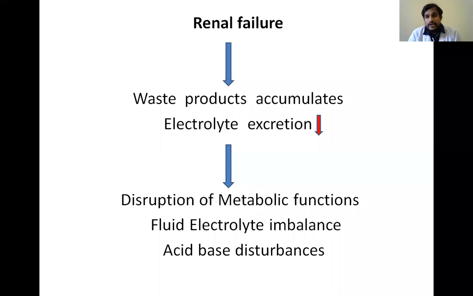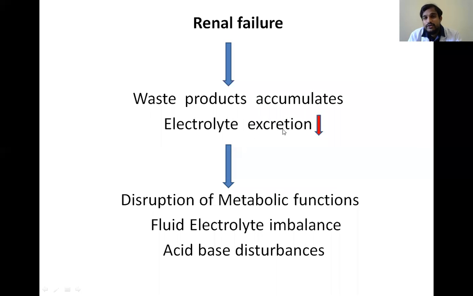So in renal failure, we know the excretion function is the first affected. Different metabolic waste products which are formed in different metabolisms can't be excreted out and they will accumulate. When these metabolic waste products accumulate, they will interact with all the metabolisms and it leads to disruption of different metabolic functions.